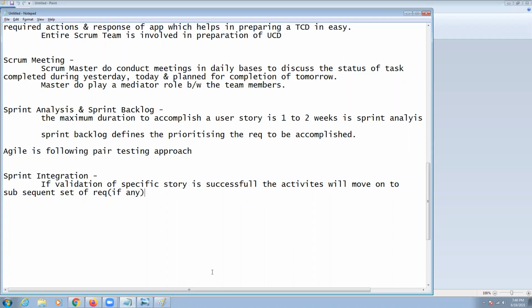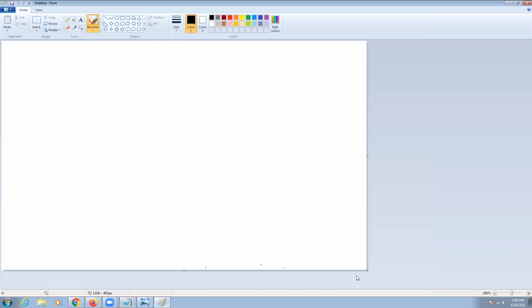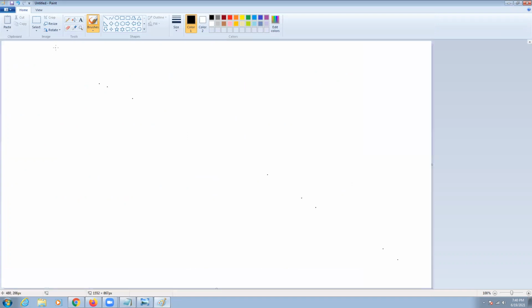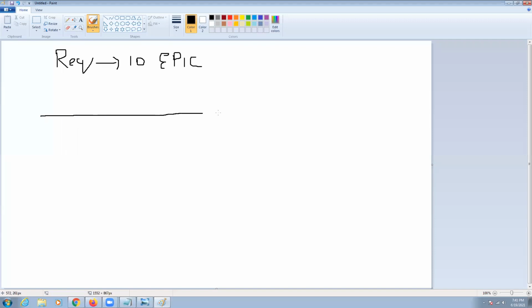So I'll take you back to the spiral notes. As I said, we have 10 requirements, and the requirements are segregated into various sets. Requirements 10 are your epic, and the epic will be divided into stories.